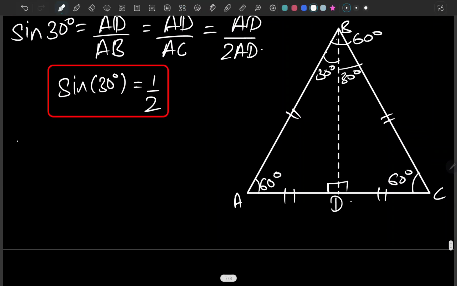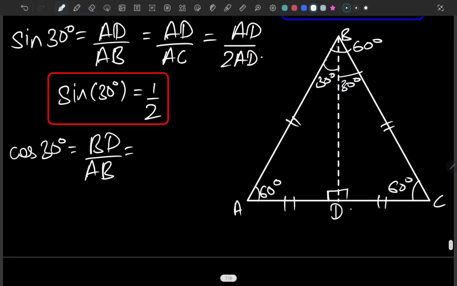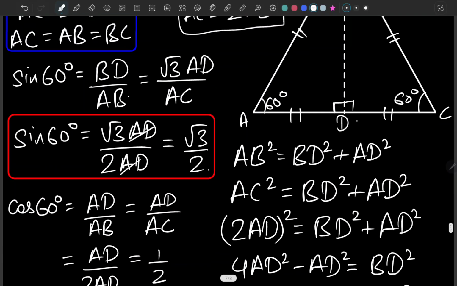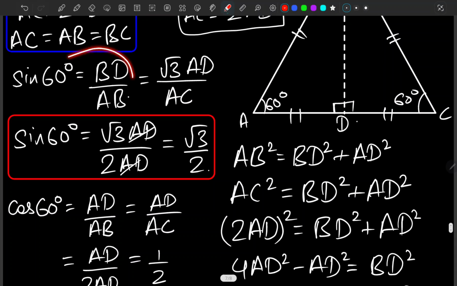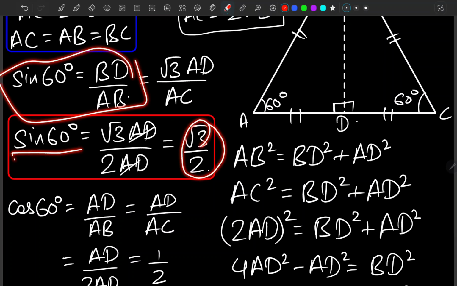And similarly, if we talk about cosine of 30 degrees, it's the side adjacent to this angle, that means BD, over its hypotenuse, that means AB. So BD over AB, right? Again, look at this. Sine 60 was BD over AB, and sine 60 came out to be square root of 3 over 2.